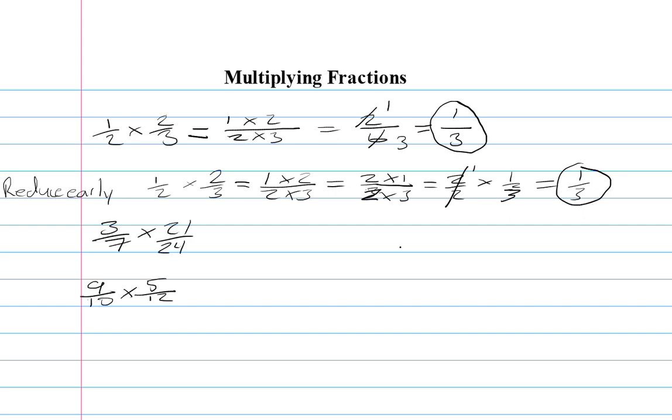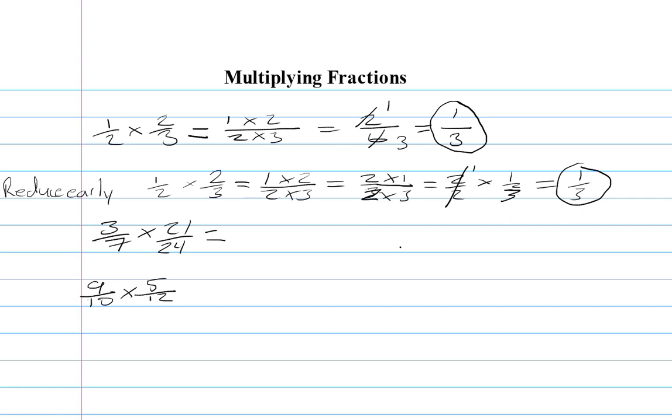All right, here we have 3 over 7 times 21 over 24. So I am going to reduce early. One of the things I know is that there is a number that can go into 21 and also 24, and there's also a number that can go into 21 and 7. And these numbers do not leave a remainder.